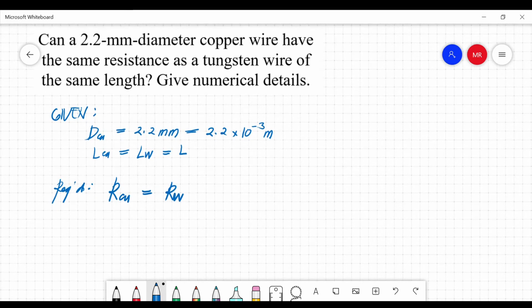Can we solve a value for this, given these variables, to get an equal resistance for copper and tungsten? Well, let's see. So let's have the solution for this problem.